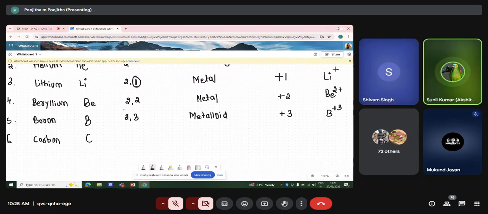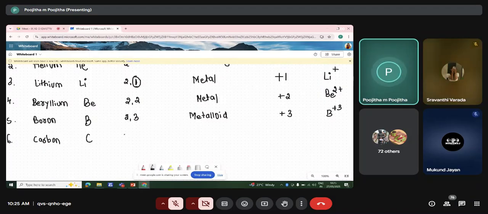Okay, carbon. Symbol is C, atomic number 6, electronic configuration 2, 4. So carbon has 4 electrons in its outermost shell. Carbon atom valency is just 4 because carbon generally shares electrons. For example, in methane, CH4, carbon having 4 electrons in its outermost shell will combine with 4 different hydrogen atoms having 1 electron each.